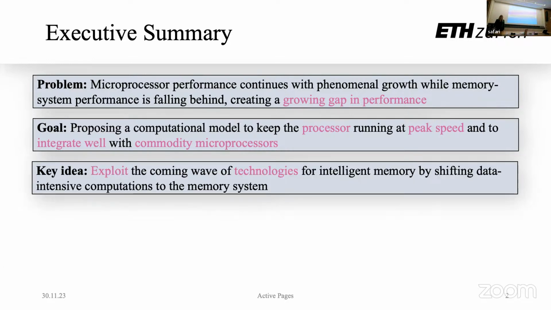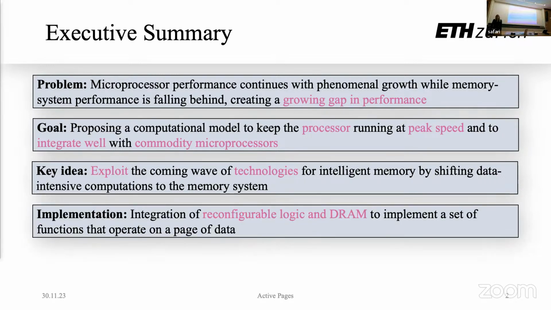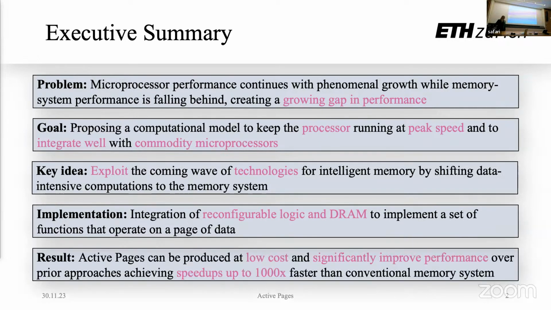The key idea is that applications compute faster by shifting data-intensive computations to the memory system, to logic placed in the memory system. The paper even proposes a concrete implementation of this model by integrating FPGA logic and DRAM.